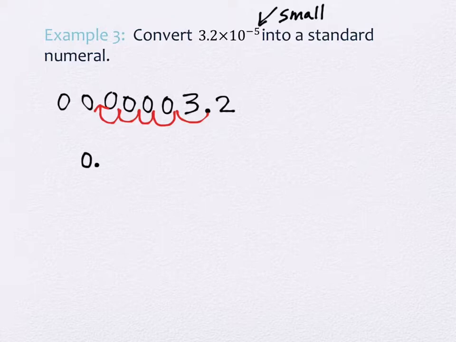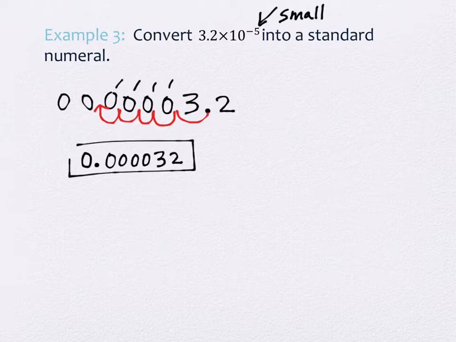And then I have 1, 2, 3, 4 zeros, and then the 3, 2. Okay? So again, negative exponent, small value when I'm done.